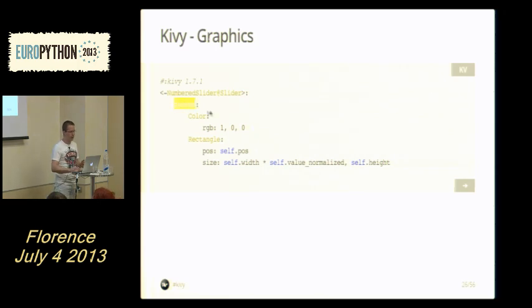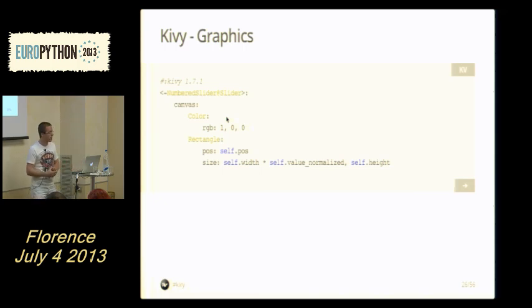I will manipulate the canvas of the slider. Canvas is a canvas instruction. It doesn't know anything about the position, the size, or the bounding box of the widget. It's just a place where you can put your graphics instructions. I will put a color instruction and set it to red.